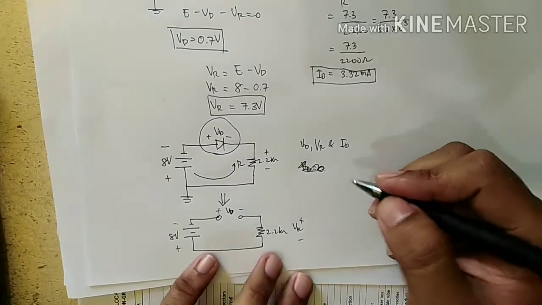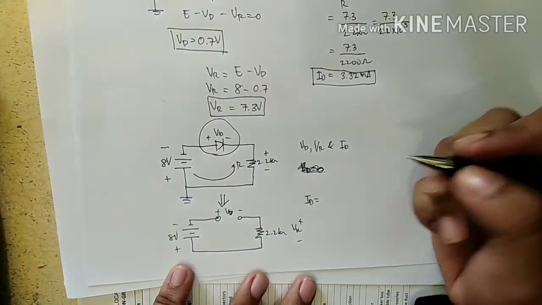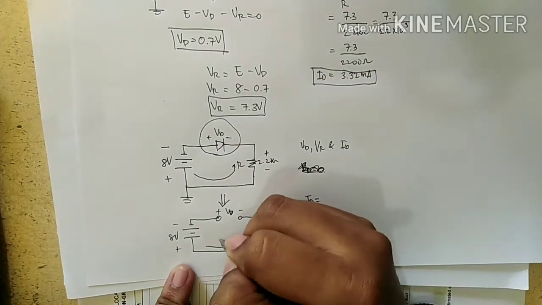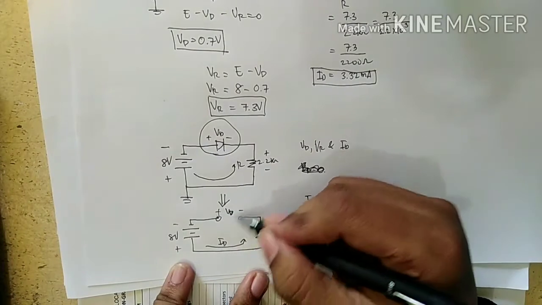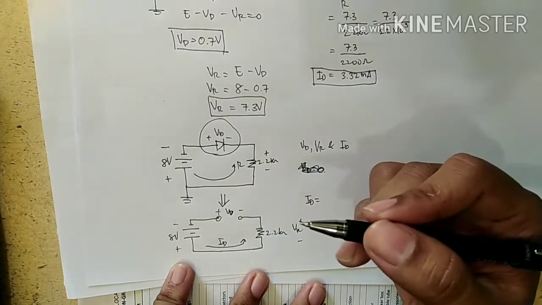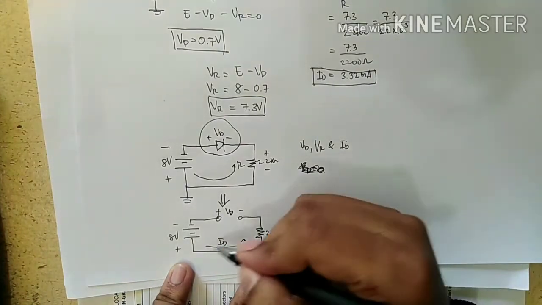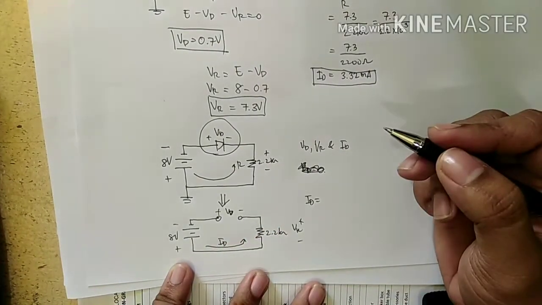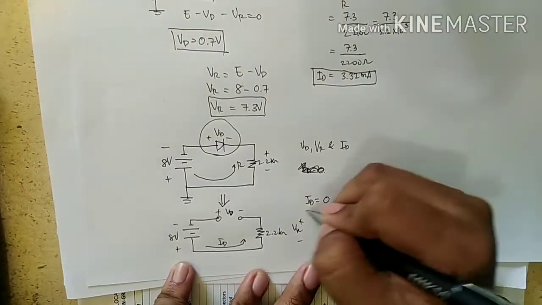What is ID now? If reverse bias, the diode is off and no current can flow. So ID is equal to 0. Very good.